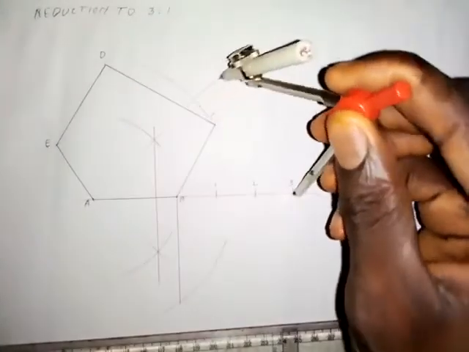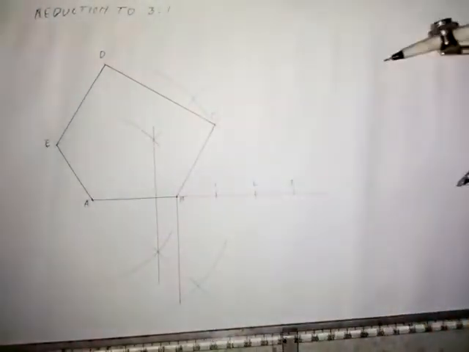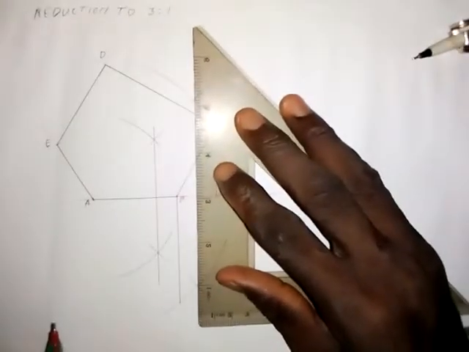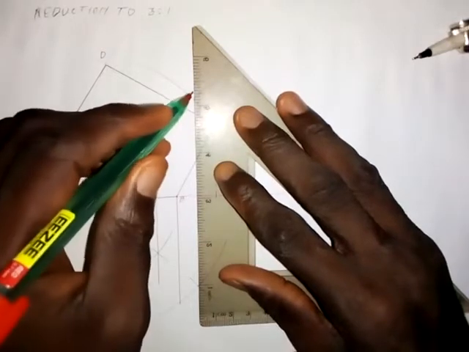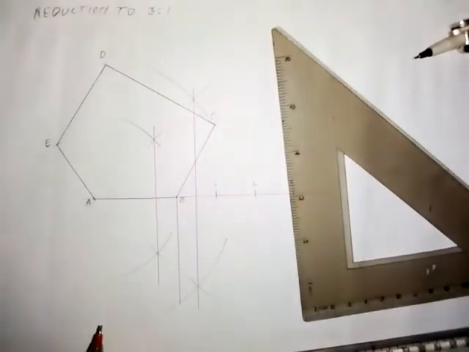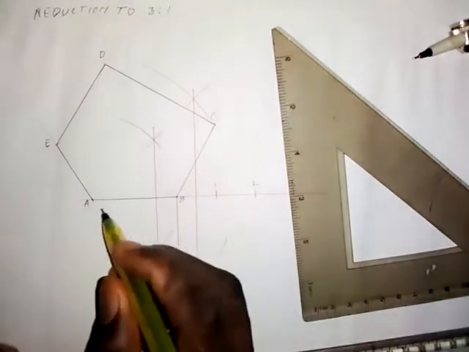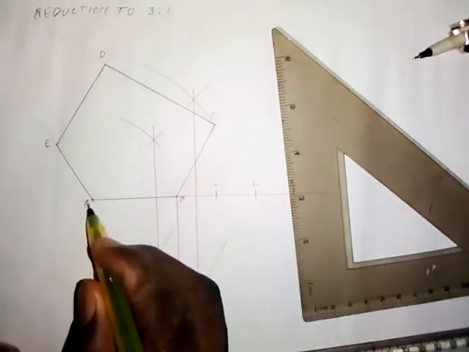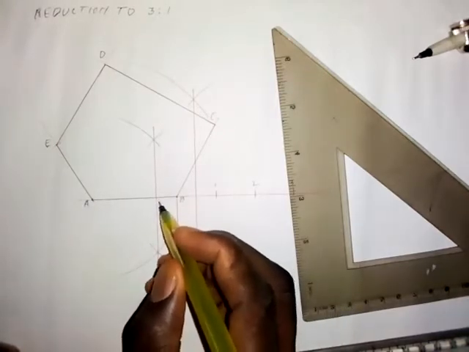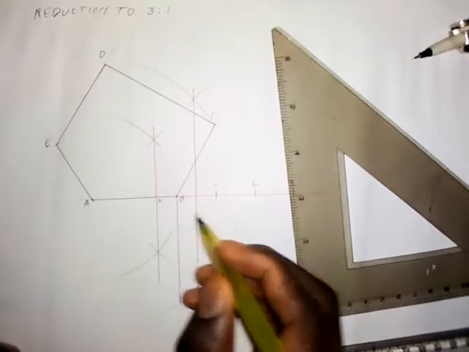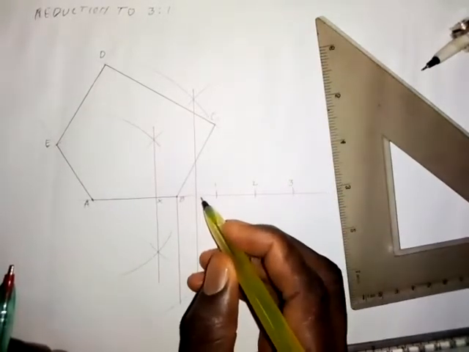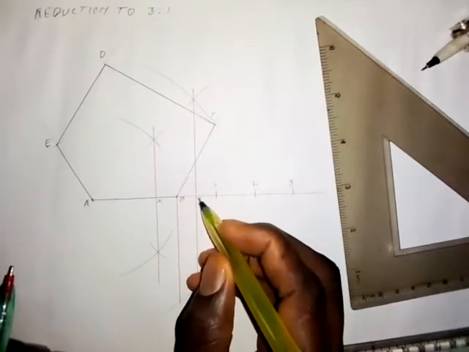So draw arcs up and down, and then we join the point of intersection of the arcs together with a straight line like this. So the midpoint of A and point 1, I'm going to call it X, and the midpoint of A and 3, I will call it Y, which is this point here.